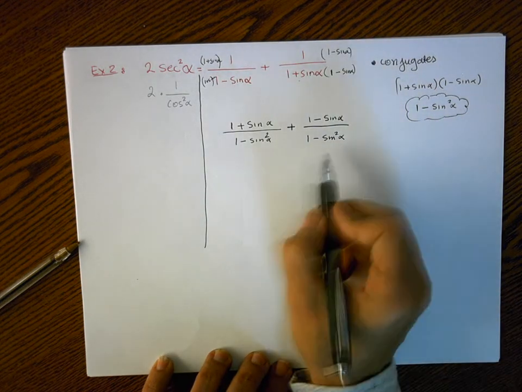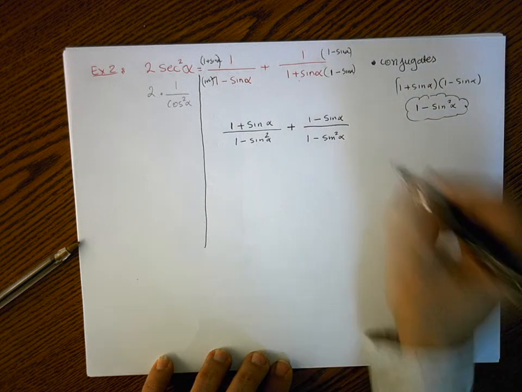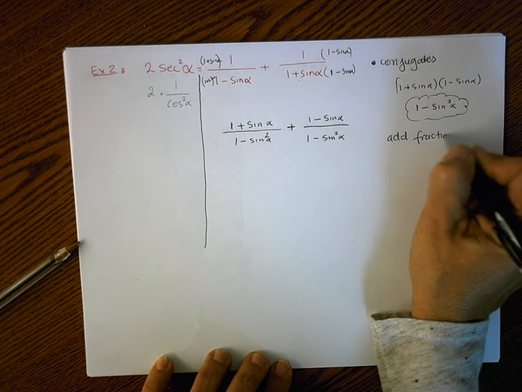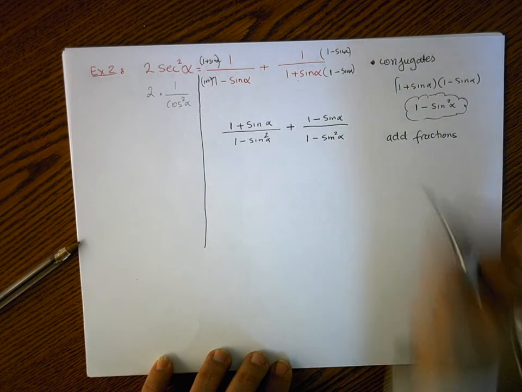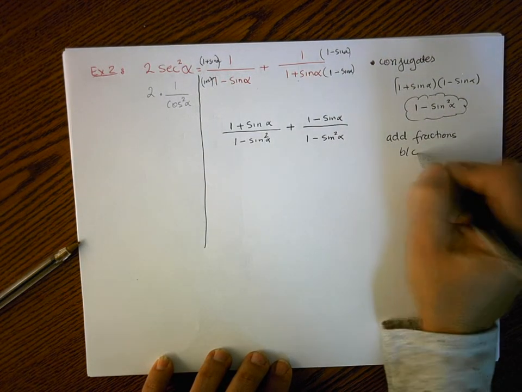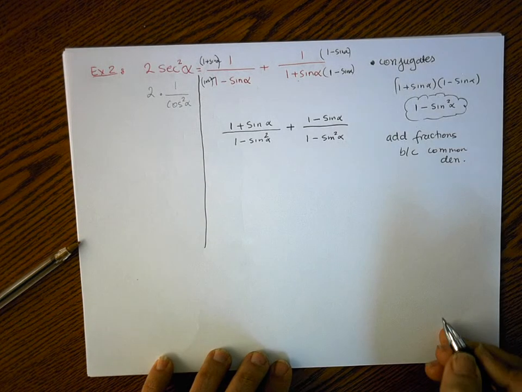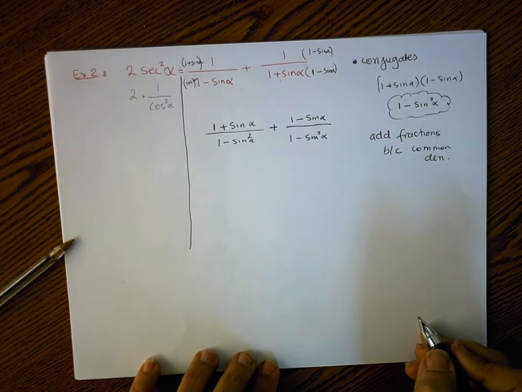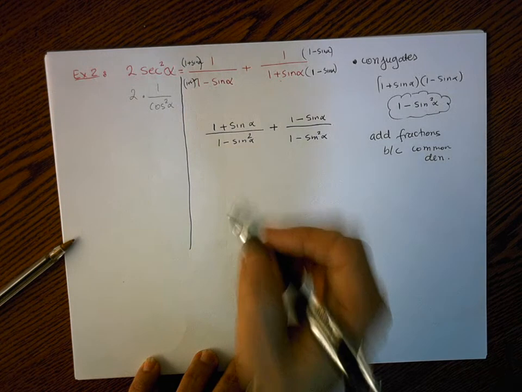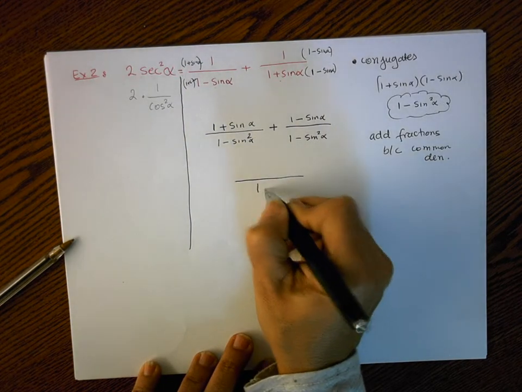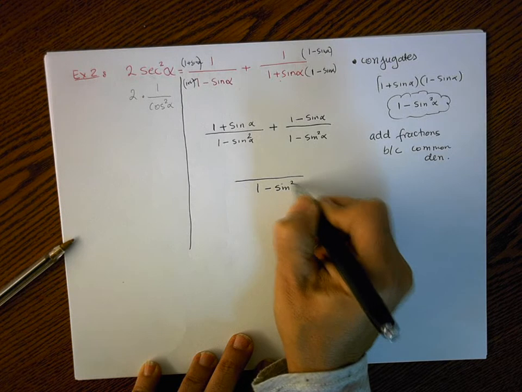Now I have common denominators. When I have common denominators, I may add fractions. Because I have a common denominator, I can definitely add up my fractions into one fraction with the same denominator of 1 minus sine squared of alpha.